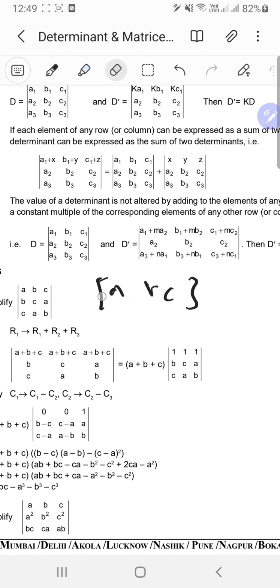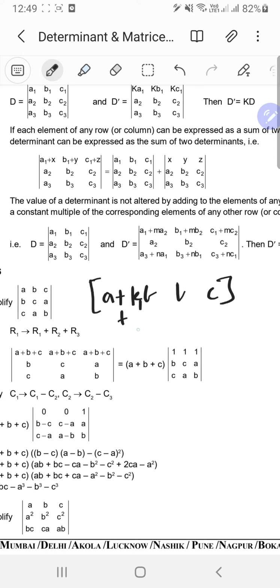So what they are saying is that you can do a plus k times b, and then b and then c. In fact, I just put k1 b and k2 c.